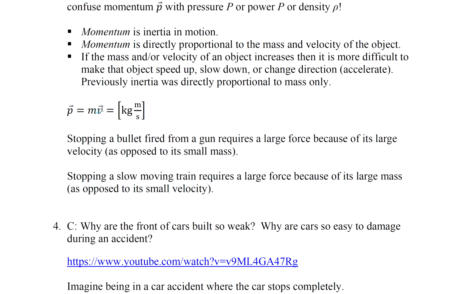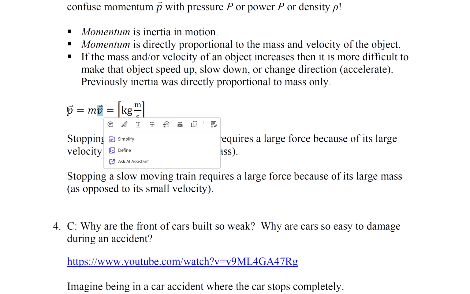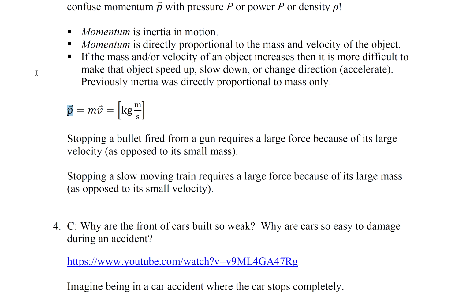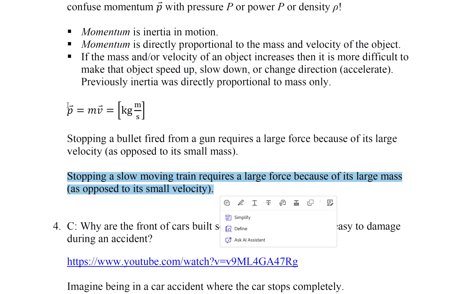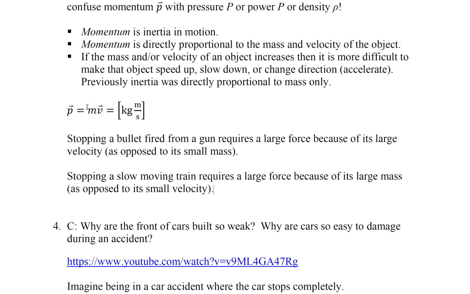So if v is big, p is big, so it requires a large force to stop that. Here's another example. Stopping a slow-moving train requires a large force because of its large mass. Since m is big, p is big. And since p is big, it requires a great force to get that object to stop.